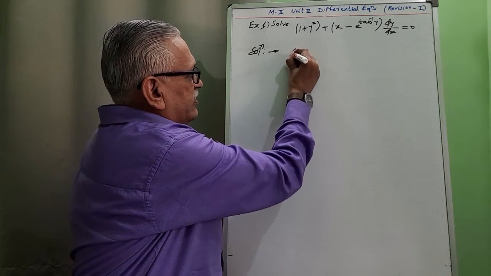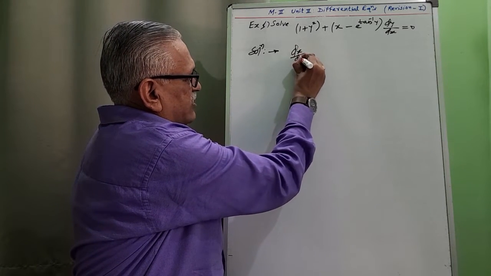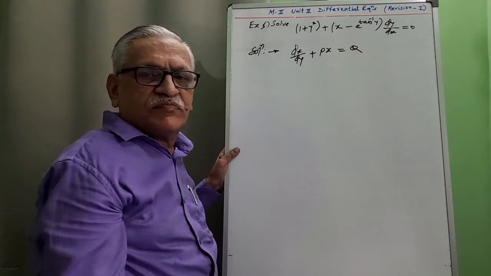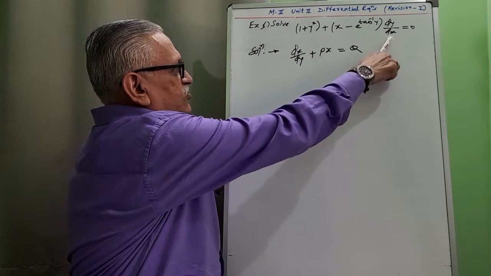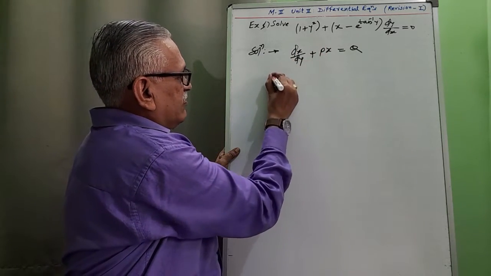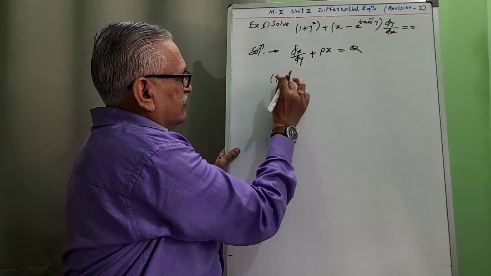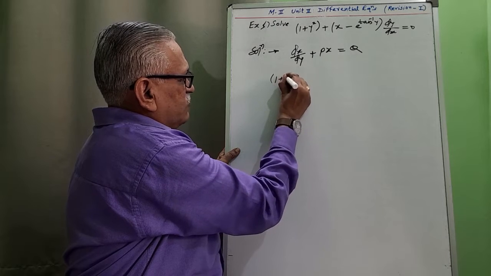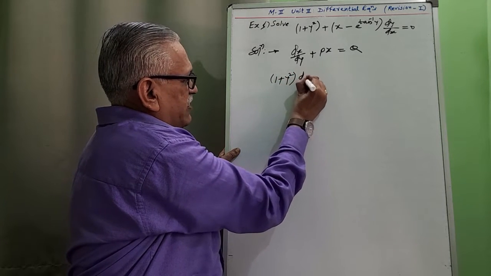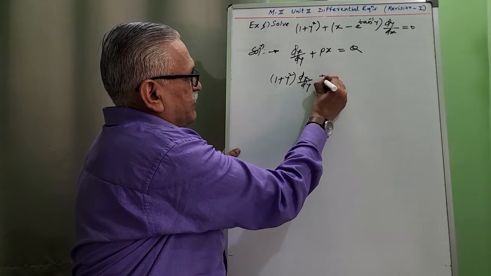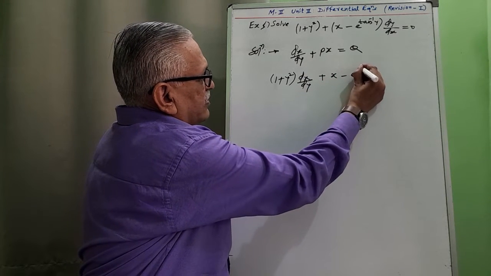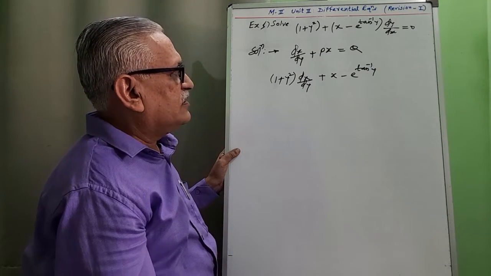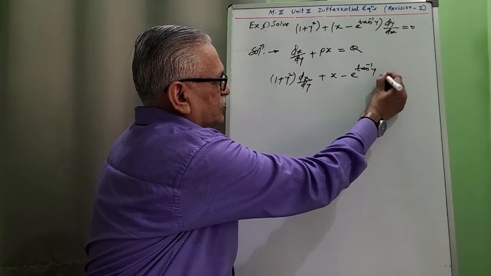Therefore we try to rewrite it in the form dx by dy plus px is equal to q. Cross multiplying, we get (1 plus y square) into dx by dy plus x minus e raised to tan inverse of y equal to 0.